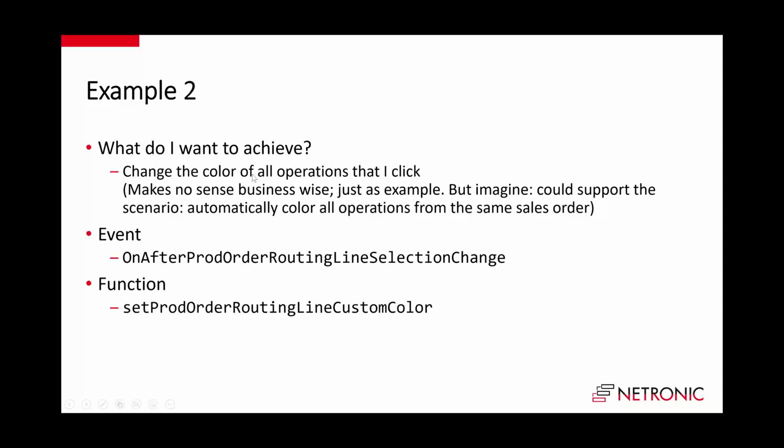And in order to achieve that an operation that I click gets colored, I use the on after prod order routing line selection change event and the function that I want to set a custom color for every production order routing line, or for the selected production order routing line.